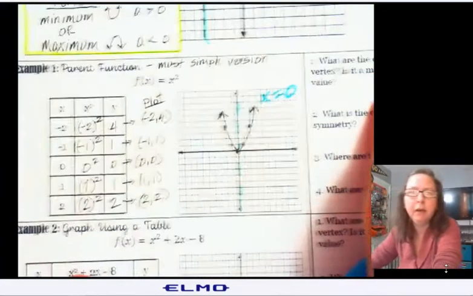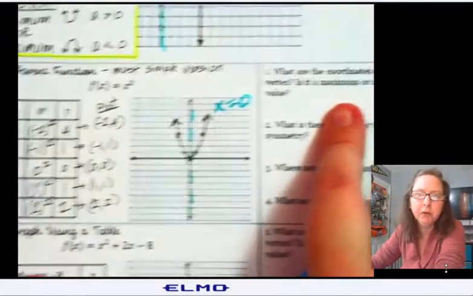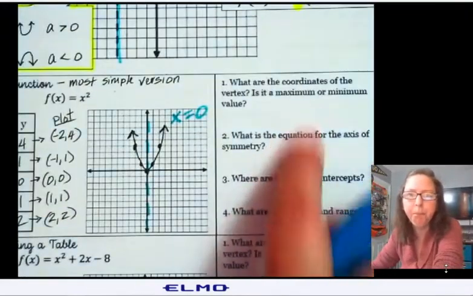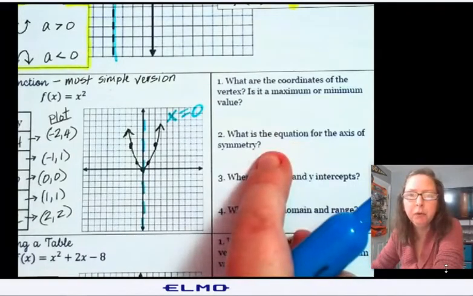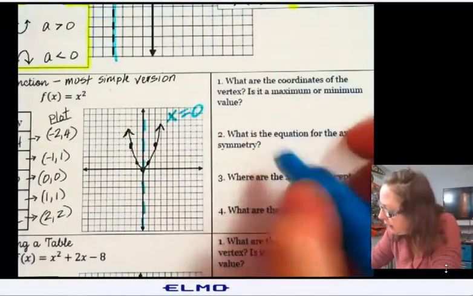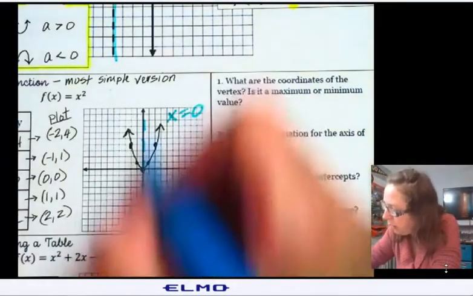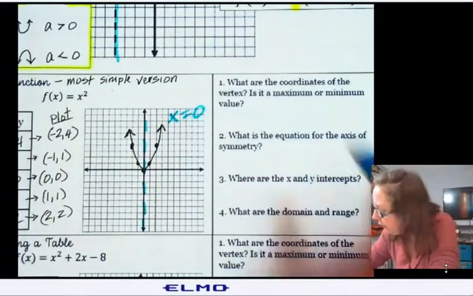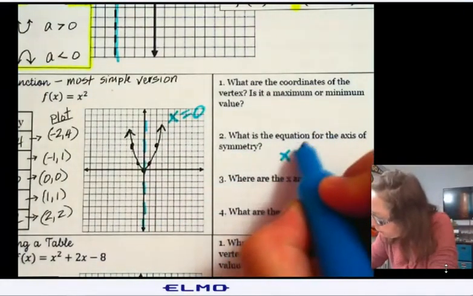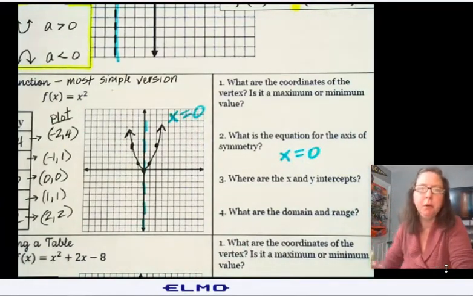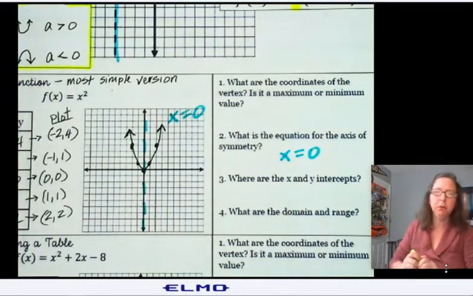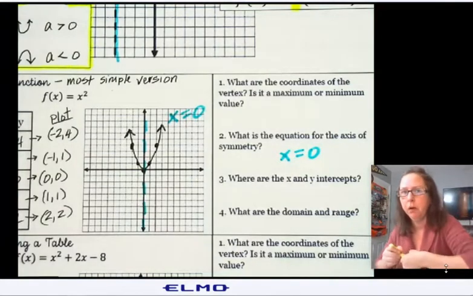Oh, and they're asking me questions about my graph over here. Let's take a look. What is the equation for the axis of symmetry? It is the x value of the vertex, so x equals 0. Does this have a minimum or a maximum value?